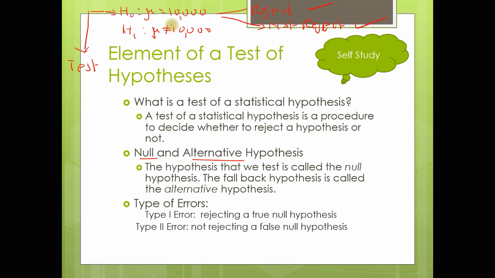You don't test the alternative, you test only the null. That is, your conclusion will be based on the null. If you are saying reject, then the alternative is valid. But if you are saying not reject, then what you claim to be correct is good. So that's the idea behind it.